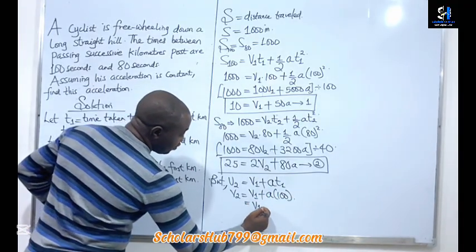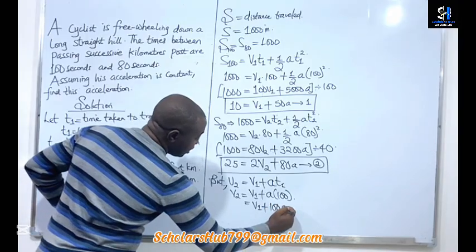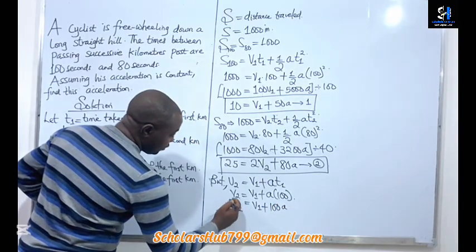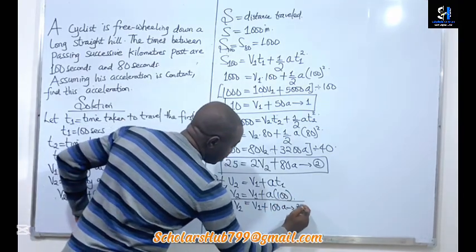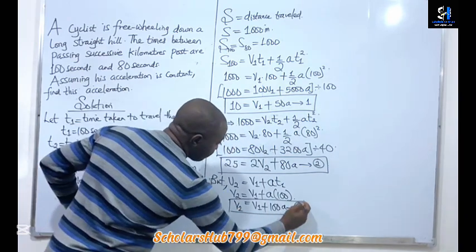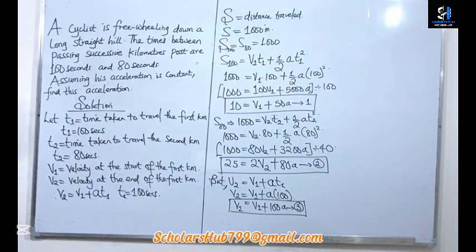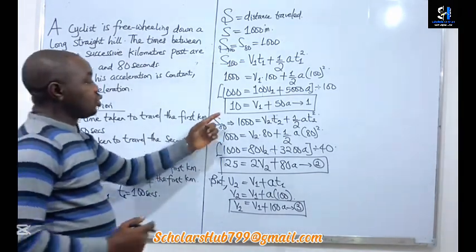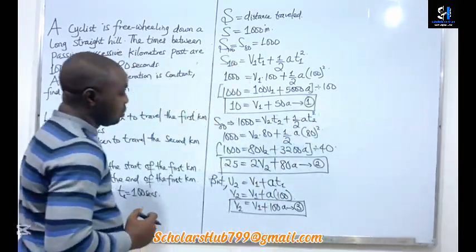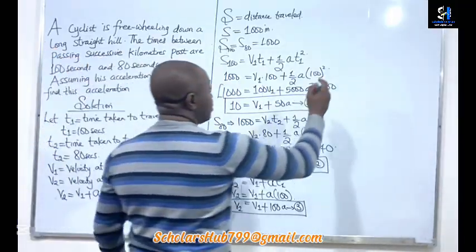So this will be V1 plus 100A equals V2. Let's call this equation 3. That's our equation 3. So now I can substitute. This is equation 1.